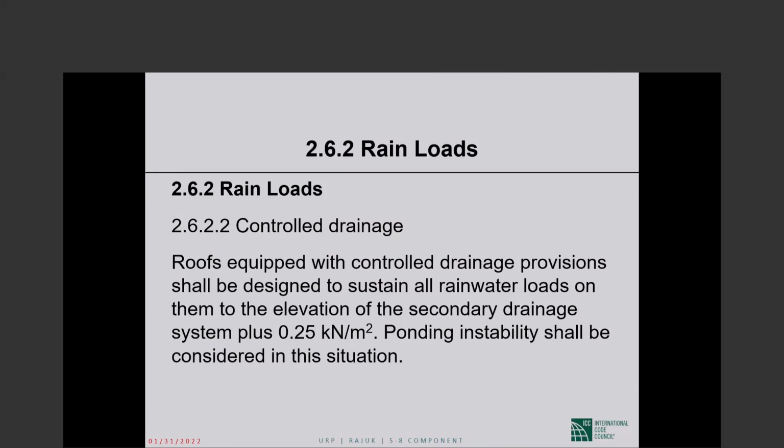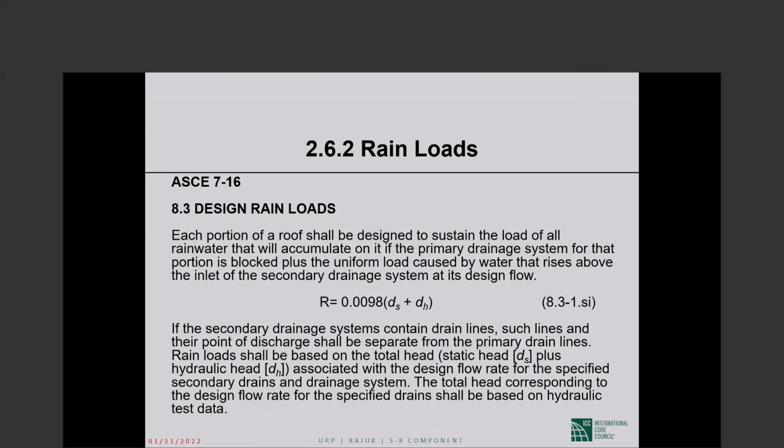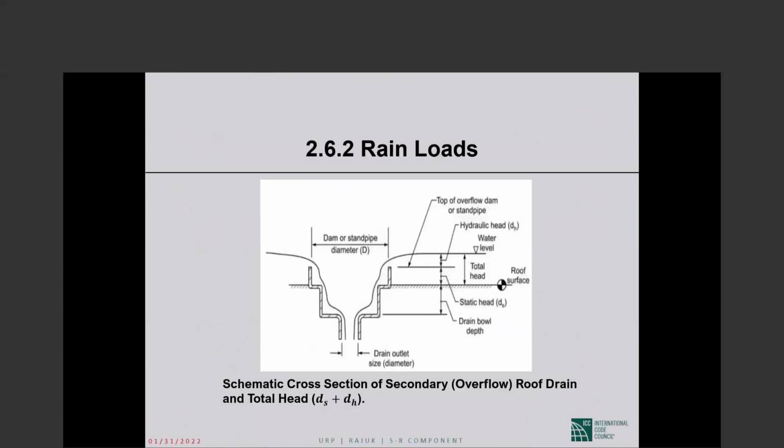So, shall be designed to sustain all rainwater loads on them to the elevation of the secondary drainage system plus 5 pounds per square foot, ponding instability. This is much more understandable because that is a defined level.